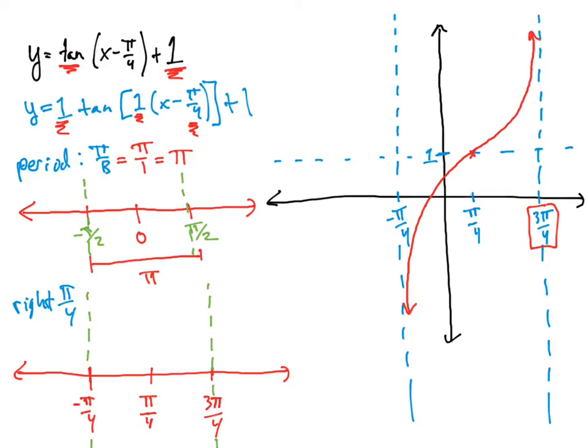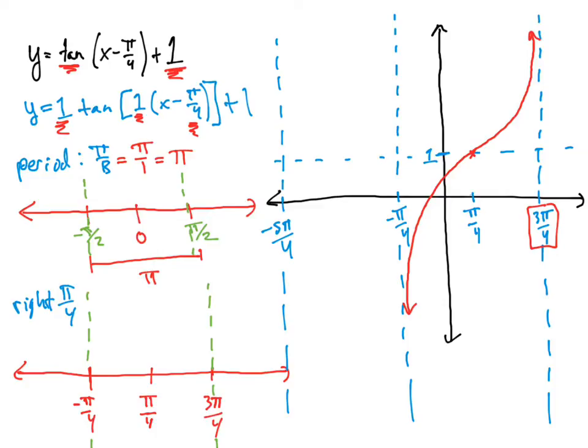Doing so, we're going to end up somewhere down here, negative 5 pi over 4. So here is another asymptote, like this.